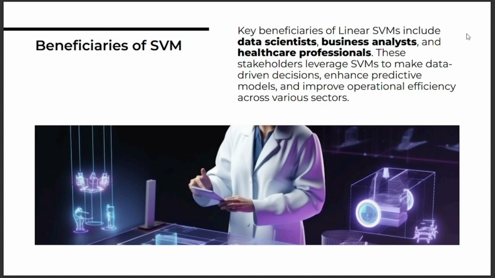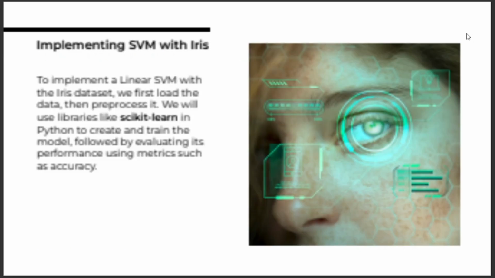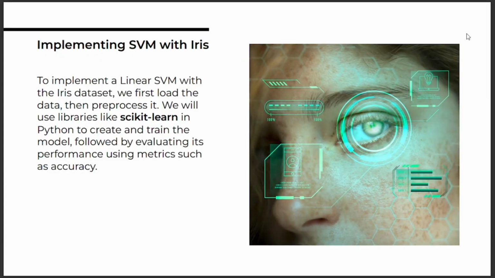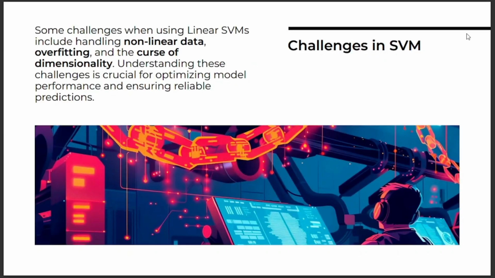Next, let's briefly talk about the linear aspect. A linear SVC means that we are assuming our data is linearly separable. What it means is that there exists a straight line or a plane that can separate the data points of different classes.